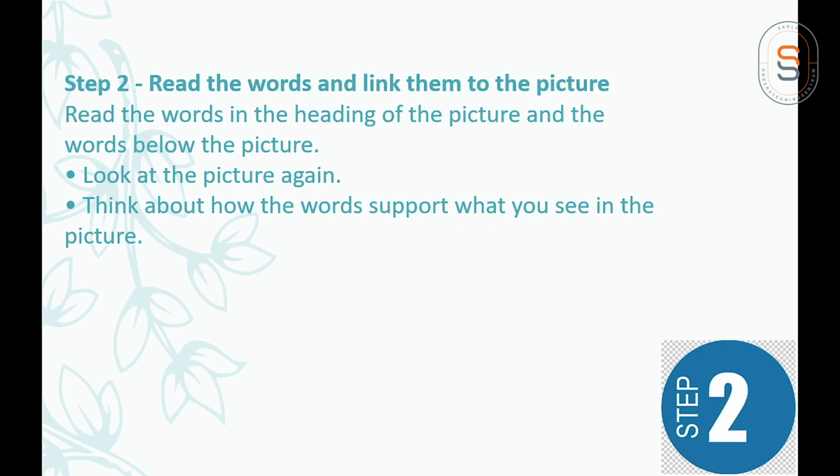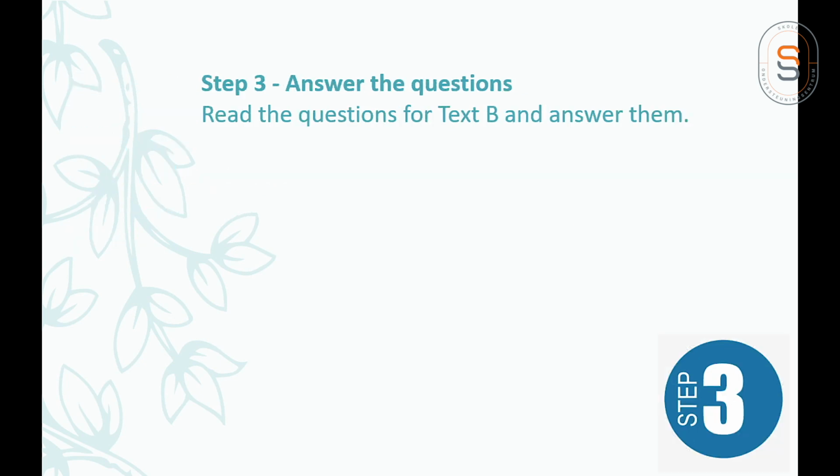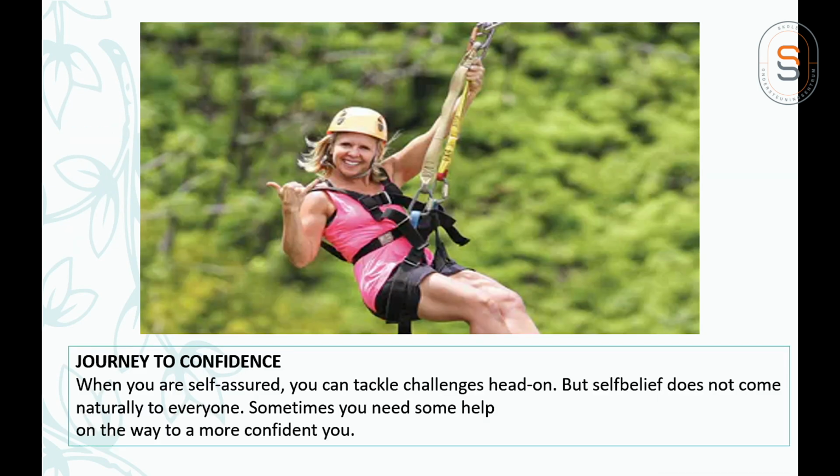So the linking is very, very important there, because you have to show that you understand, that you see what the link between the picture and the words is. You have to show me when I mark that you can see the words are supporting the picture and the picture is supporting the words, and then you answer the questions in this text.